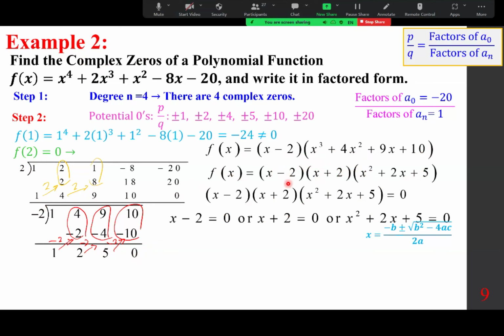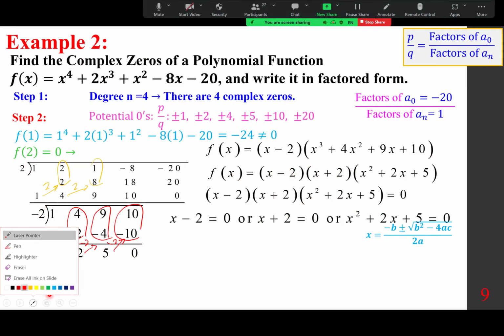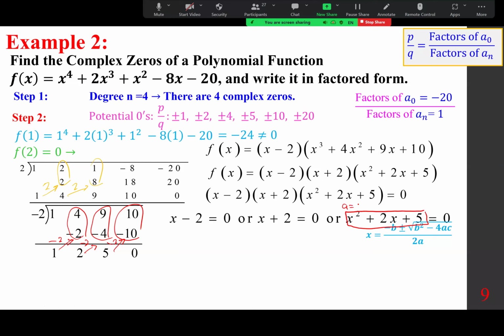This is clearly 2. This is clearly negative 2. What about this one? Well, a is 1, b is 2, c is 5.